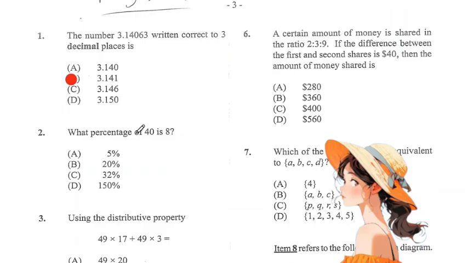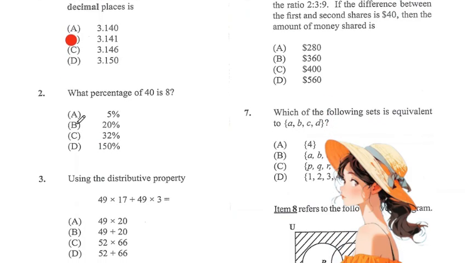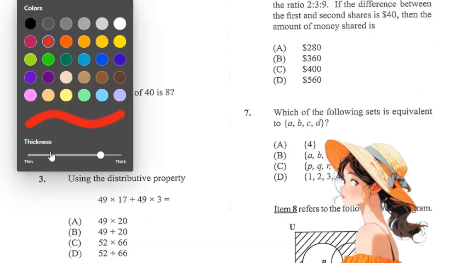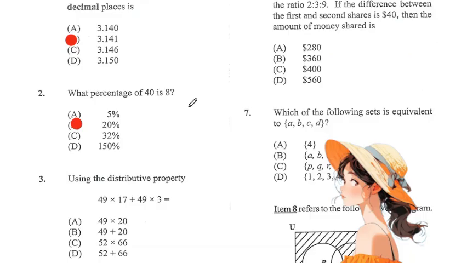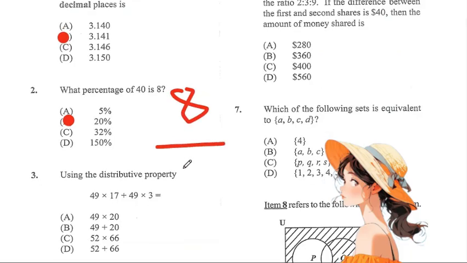This is a repeat question. This repeats a lot. This one is actually just 20%. If I was to show you guys on the screen how you work it out, the answer would just be 8 over the 40 times 100.